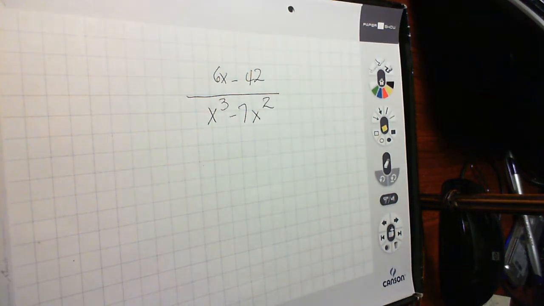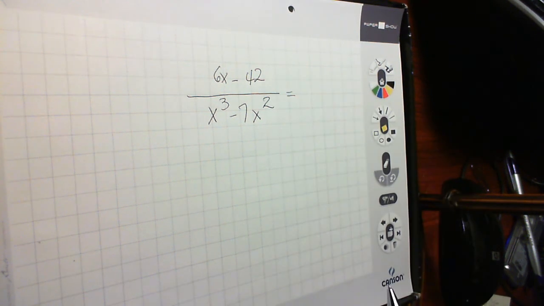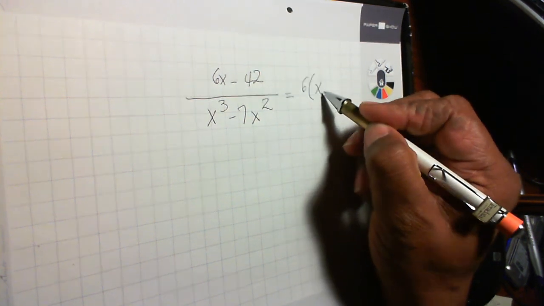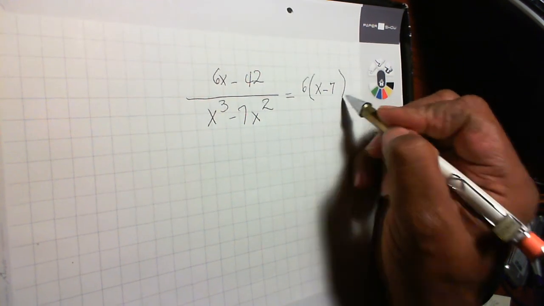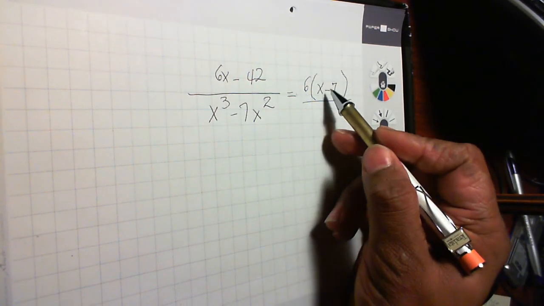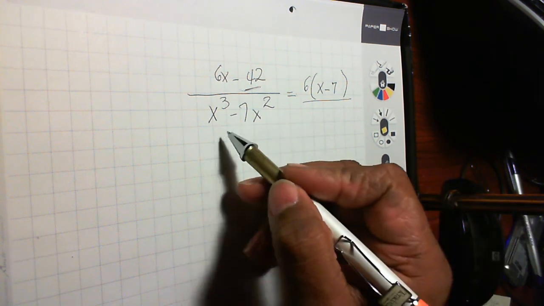So again, here we need to simplify, and we'll talk about the domain as we do this. So this is equal to, let's factor the top. We factor a 6 out, leaving x minus 7, since 6 times negative 7 is negative 42, which is what we want.